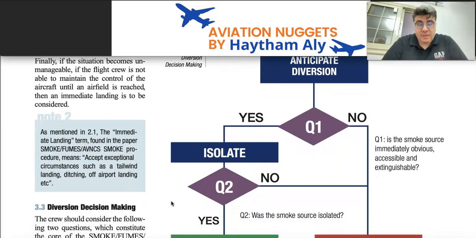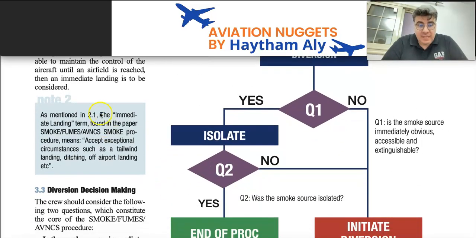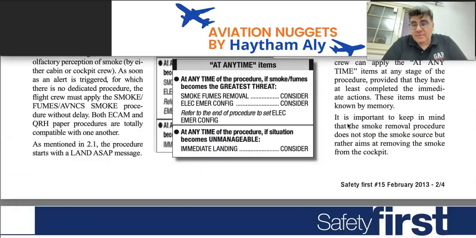Diversion. As you can see here, the immediate landing term found in the Smoke Fumes Avionics Smoke Procedure means accept exceptional landing. Accept exceptional circumstances, like tailwind landing, ditching, and off-airport landing. This is the meaning behind accept immediate landing.